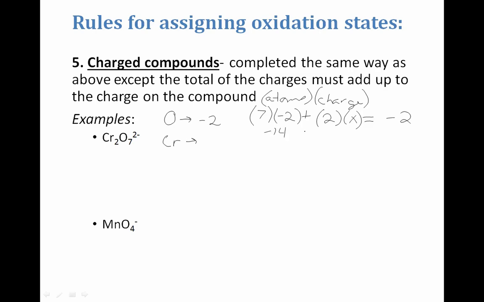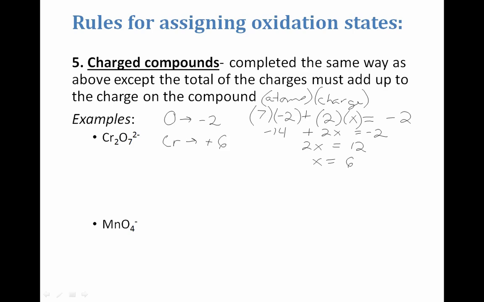So negative 14 plus 2x equals negative 2. 2x equals 14 minus 2, which gives me 12. x equals 6, so chromium equals positive 6.